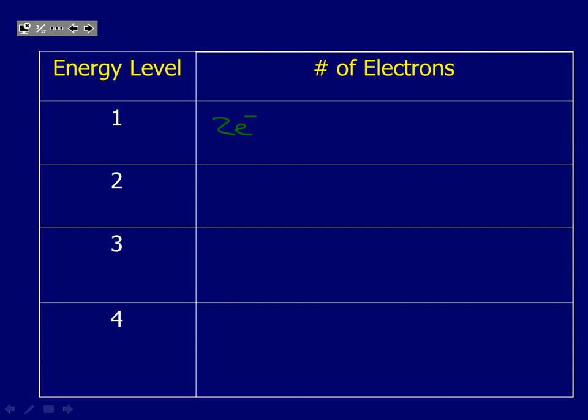How many electrons do you think go into the second orbit according to my logic? How many? Yep, 8. How did you get that? You counted across. The periodic table will tell you how many electrons go in the orbits.